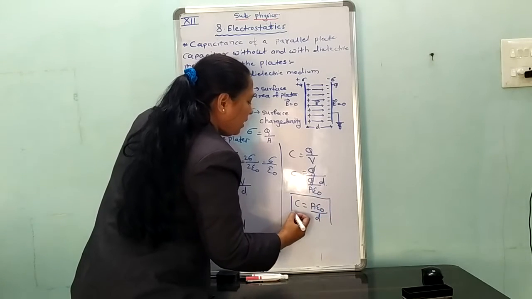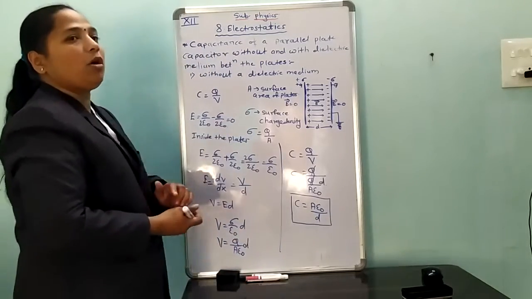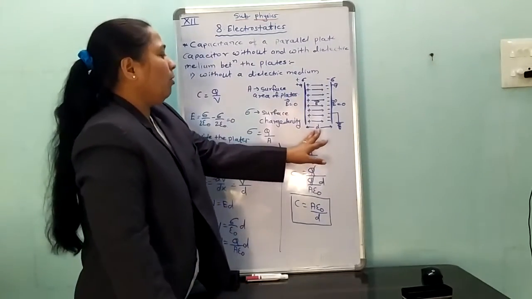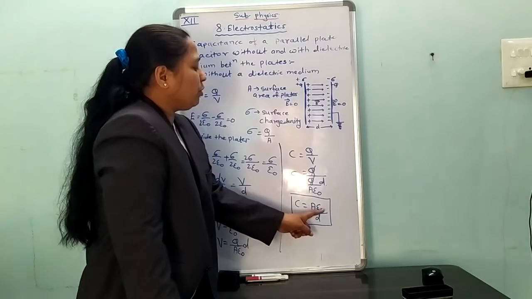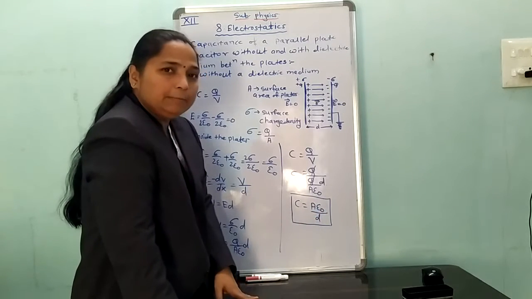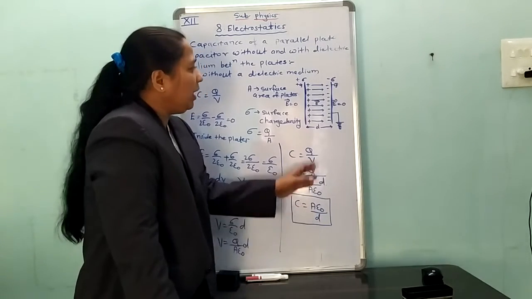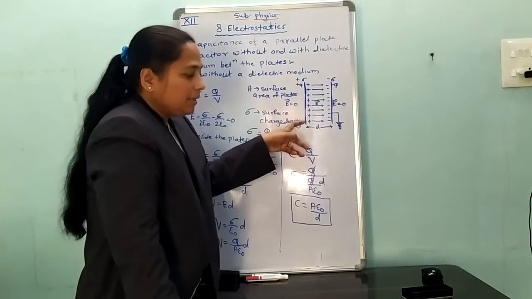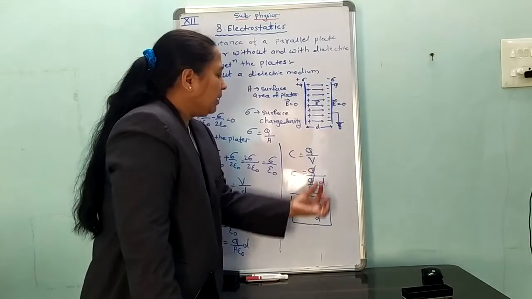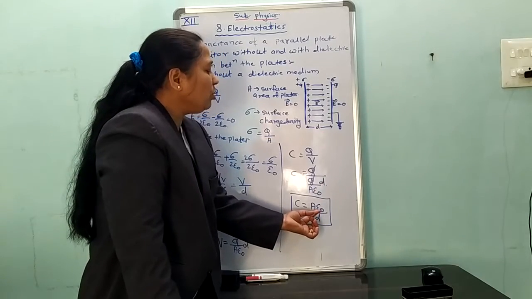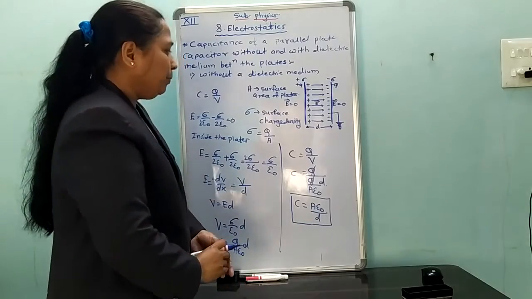When air is kept between the two charged parallel plates, C is equal to A epsilon naught upon d. The capacitance depends on the area of the plates and the separation d between them, and epsilon naught is the permittivity of air or vacuum.